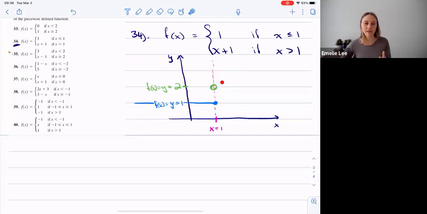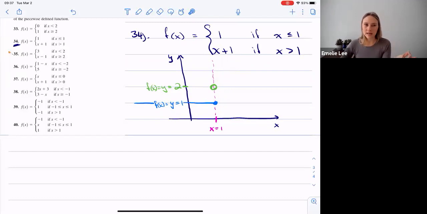I know that this line behaves like a straight line. It goes from negative infinity to positive infinity. That's not the problem. The problem is that this function has restricted it to only be for x greater than 1. And so I need to find another value of x that's greater than 1, and then evaluate the function in order to get a second point on the line.